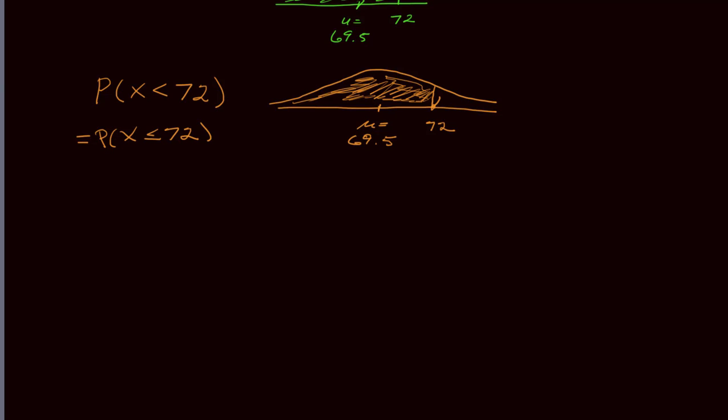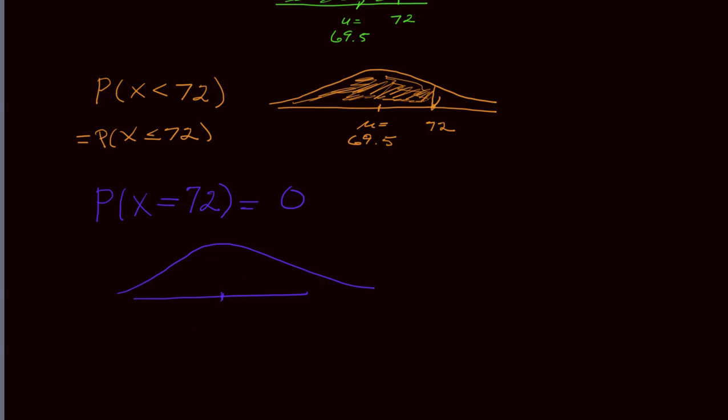Now there's one other thing I want you to be sure you understand about continuous random variables and their probability, and it's a consequence of what we've just pointed out. The probability that x is equal to any particular value, we'll just say 72 again, is equal to 0, and it must be. Let's think about how we define probability for a continuous variable and what the probability x equals 72 would actually mean.